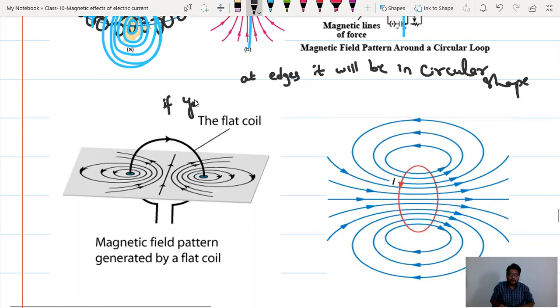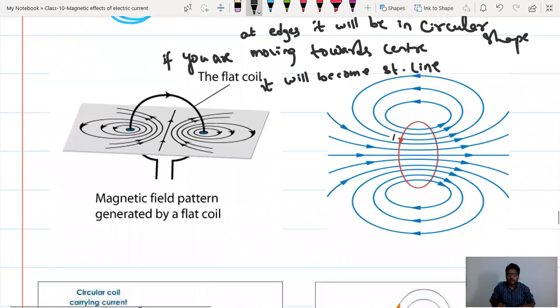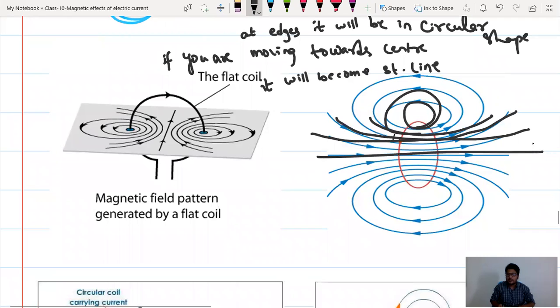If you are moving towards the center, it will become a straight line. So the magnetic field will be straight. Okay, whatever diagram you want, you can draw it. Single loop, at edge, it will be a circle. Circles are expanding now, and it is becoming a straight line.